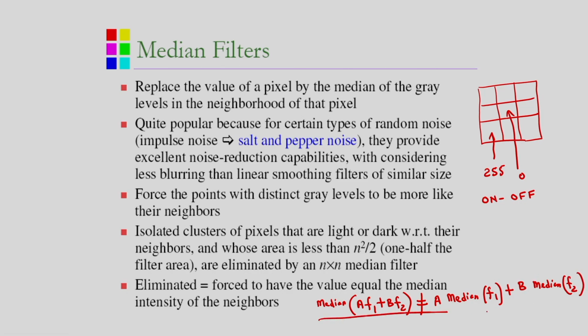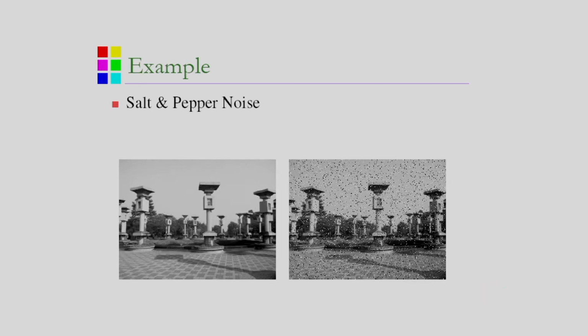So if you see this, the median is a nonlinear filter. The median of a f1 plus b f2 is not equal to a median f1 plus b median f2. And how to apply the median filter, I can explain to you in the next slide.